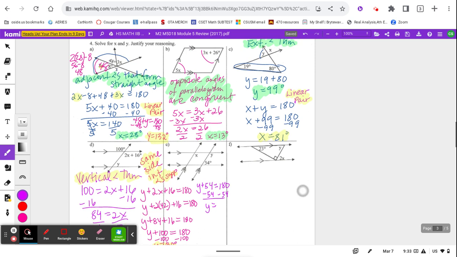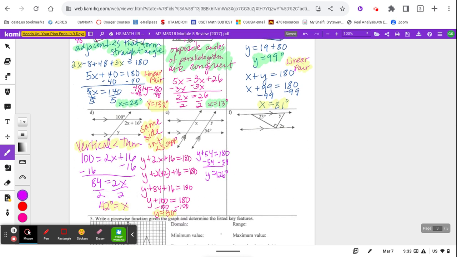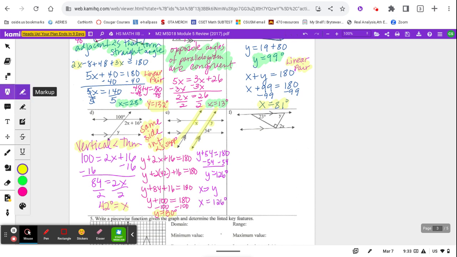I get 126 degrees. And then I can say that x is equal to y by corresponding angles. This one is in the same corner as this one based on these two parallel lines, corresponding angles. So I can also say that x is equal to 126 degrees.